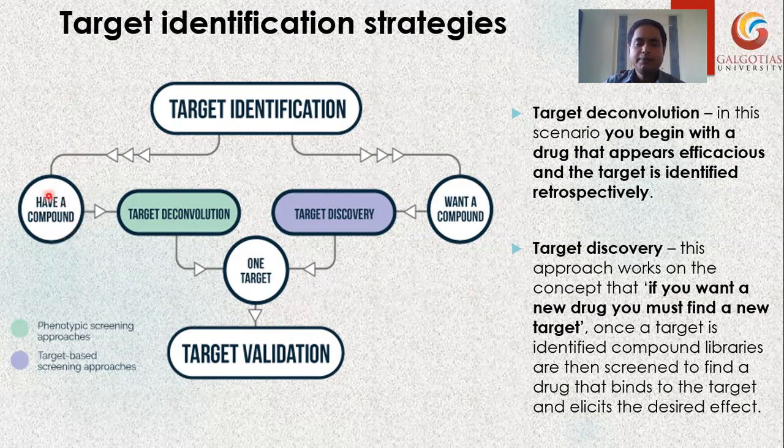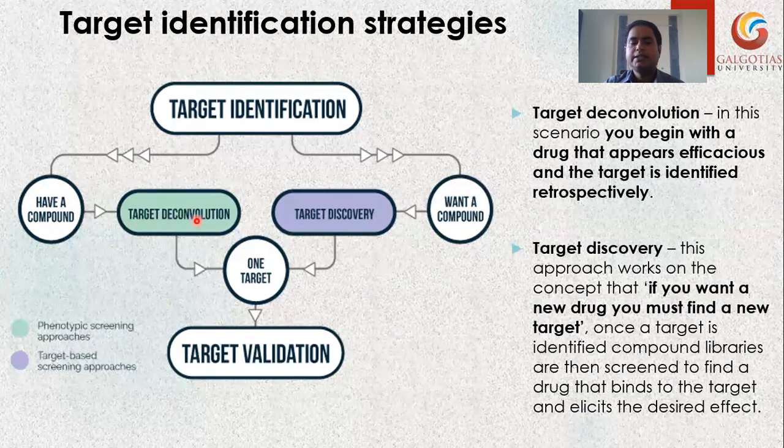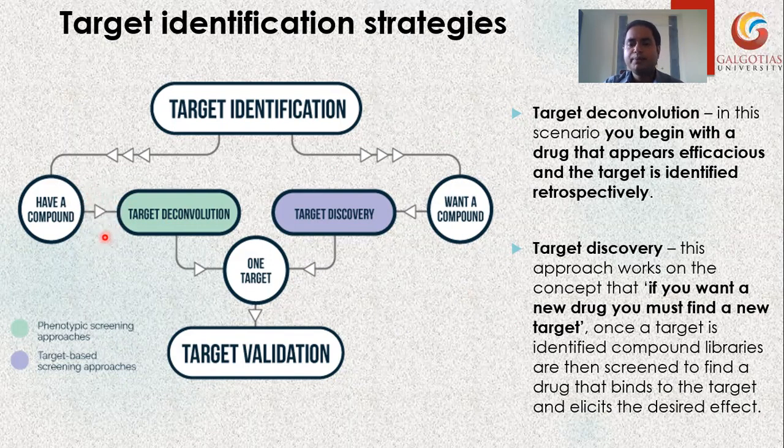If you know that this compound is effective for a disease and you want to know the exact mechanism of action of this drug, and you search for a target, then this strategy is called the target deconvolution process. In this scenario, you begin with a drug that appears efficacious and the target is identified retrospectively. So it is called the target deconvolution process.